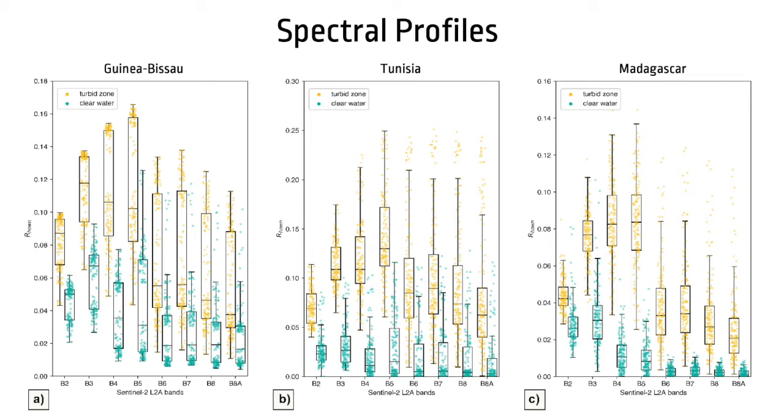Higher values are representing the turbid zone and lower values are representing the clear water. Through these spectral profiles, we observed that in Madagascar, the spectral variation between the two classes on the red and red edge bands are much higher than those of the other two regions.